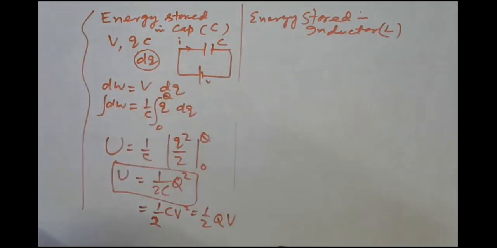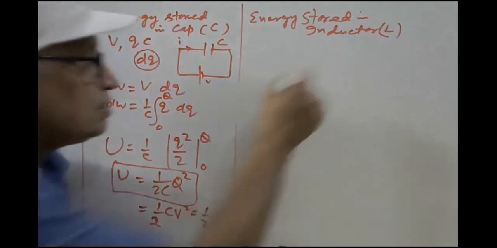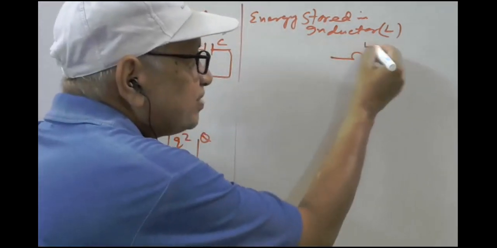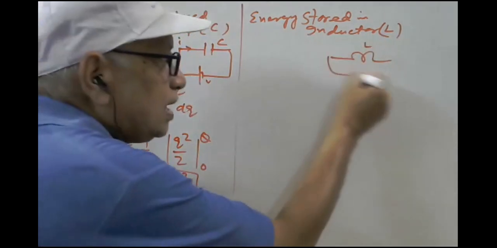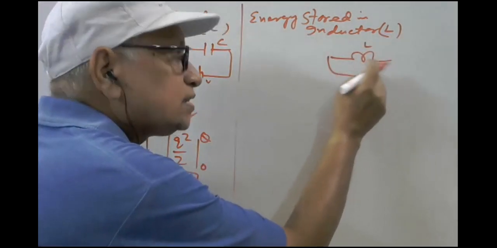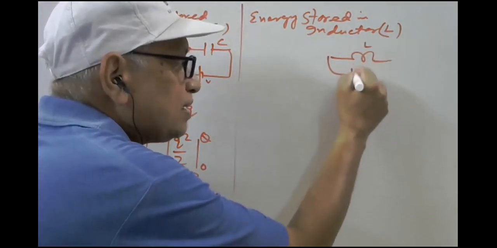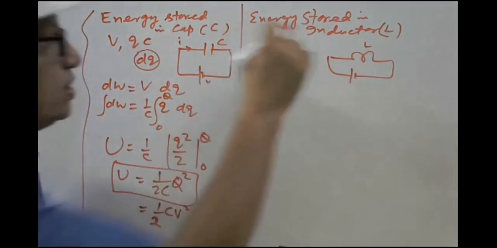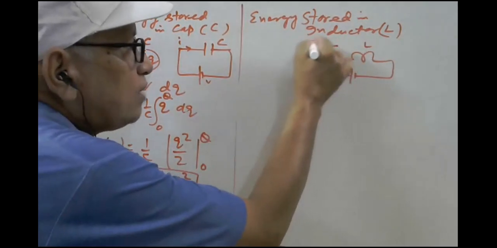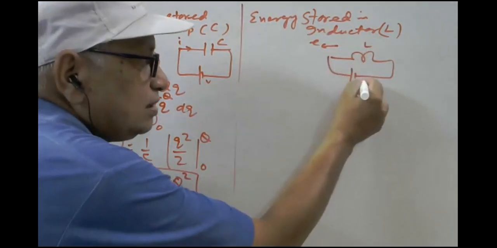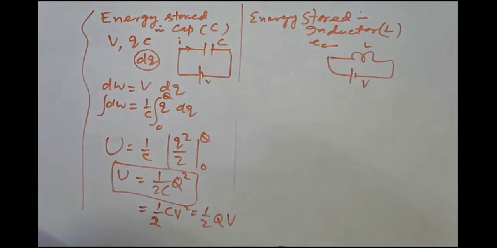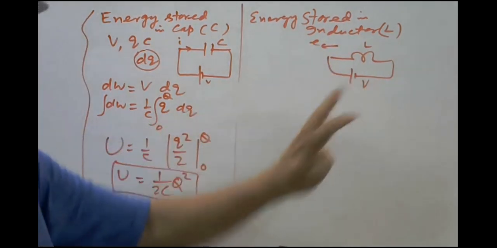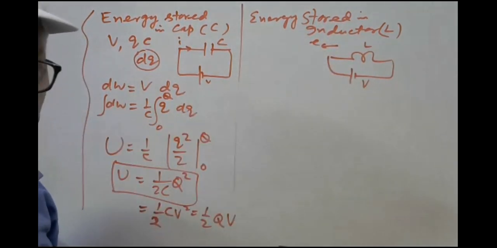Now in inductor. Suppose this is the inductance coil, and we have taken, suppose, this voltage applied. See here, this is the voltage developed and this is the voltage applied here. So this and this both are in opposition. Got it?